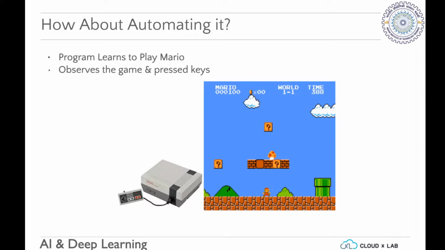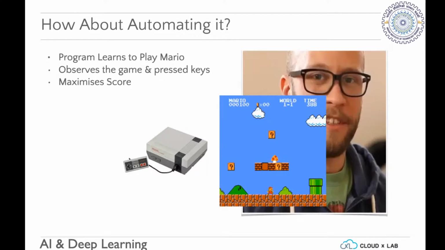The program observes the game and randomly presses keys, and then it tries to maximize the score. As you played Mario, it has a score. So it tries something and sees, was it good for me? Did my score improve, or did I get killed, or did I achieve the objective of finally winning Princess Peach? So it tries to maximize the score.